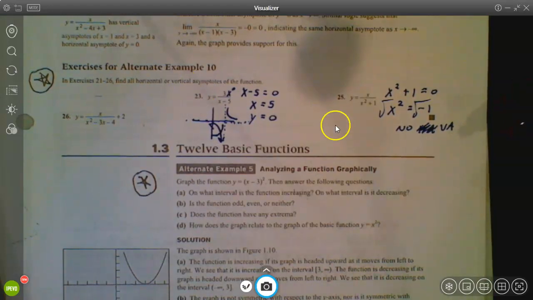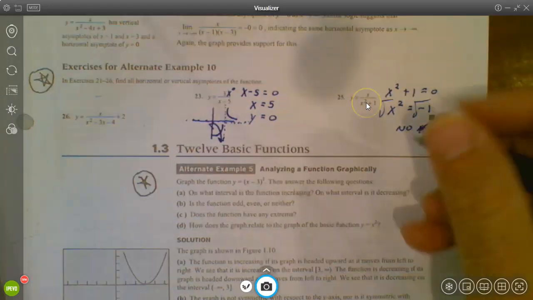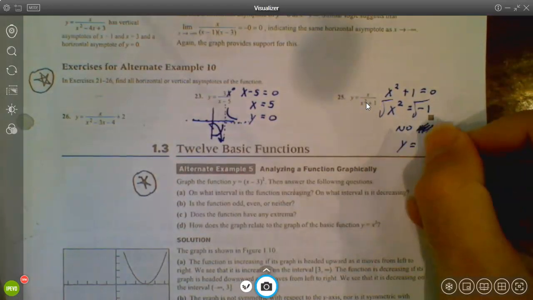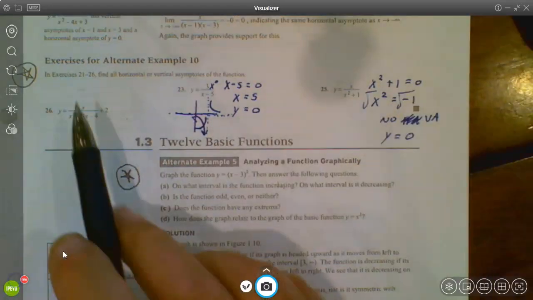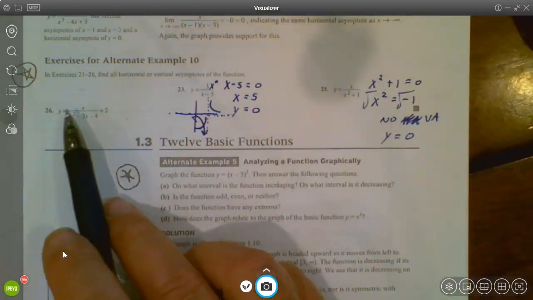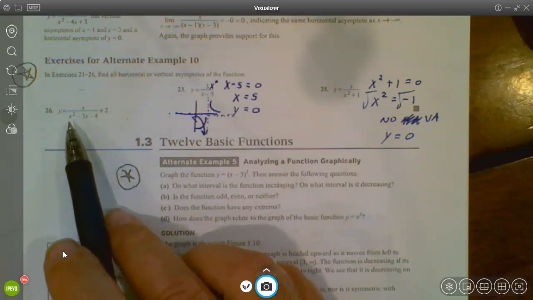This one, I'm still going to get y equals 0 as my horizontal, since my numerator exponent is smaller than my bottom exponent, right? I know that I'm still going to get y equals 0 as my horizontal asymptote.